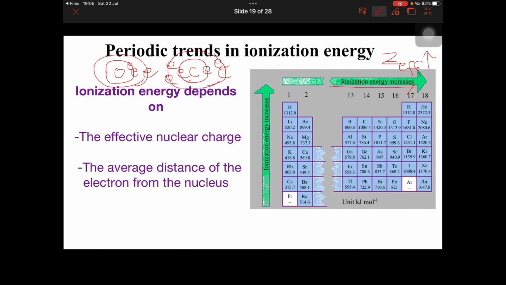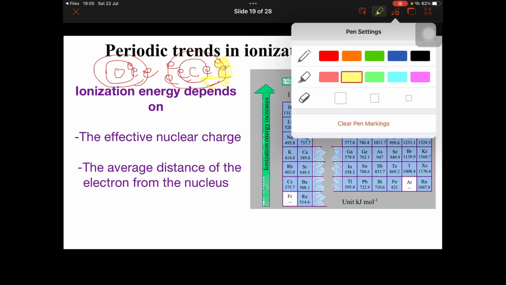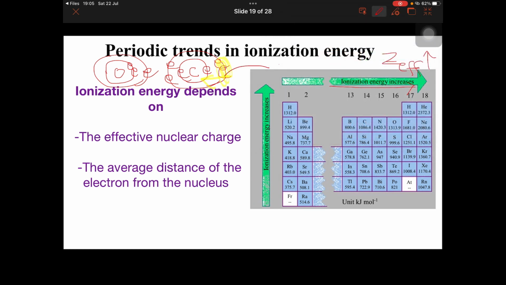So these valence electrons are attracted towards the nucleus. So this increases across a period, which means for these electrons to go out of the system, you need to provide energy. That is known as the ionization energy.